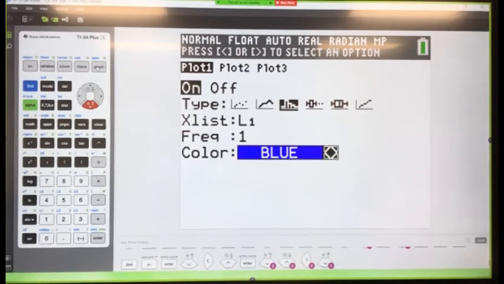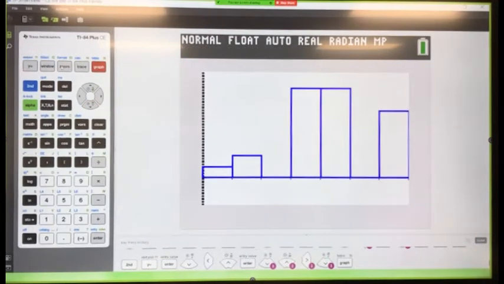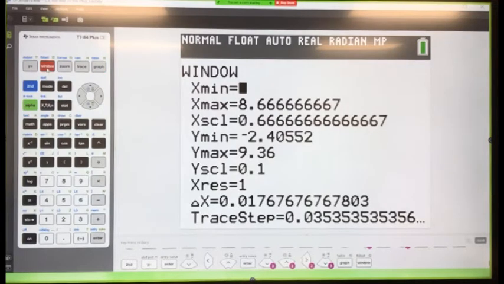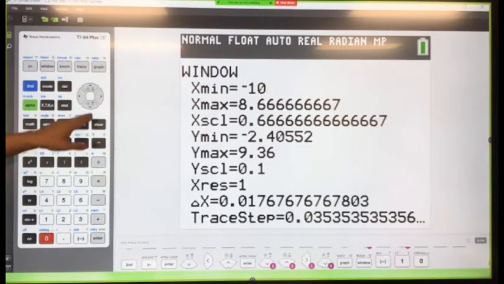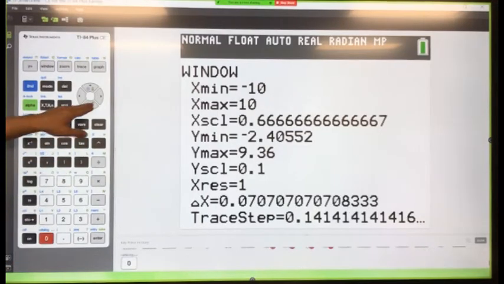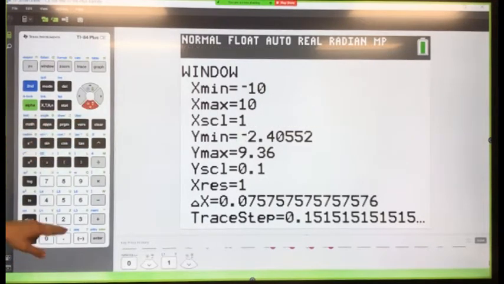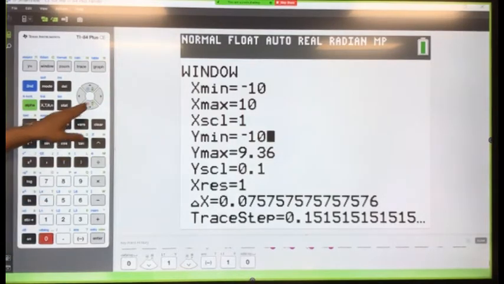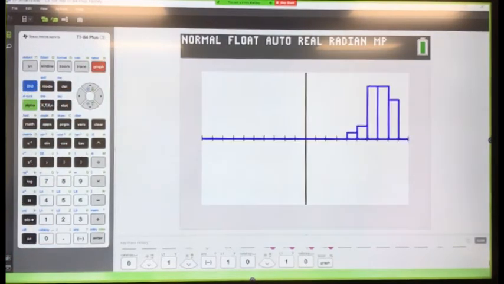And then hit graph. Now, here's a hint. Let me set your graph to probably what it looks like. Notice I don't see all my graph, or it's not nicely centered.